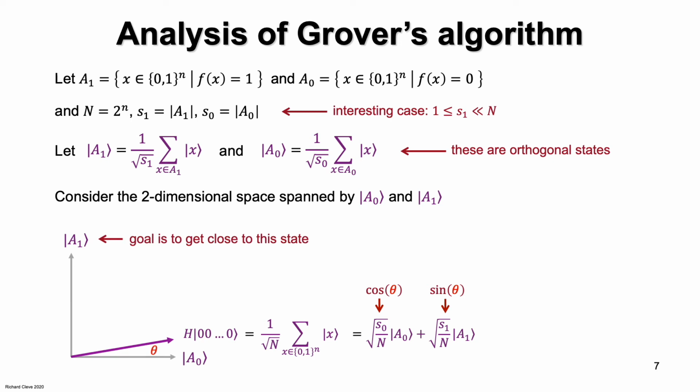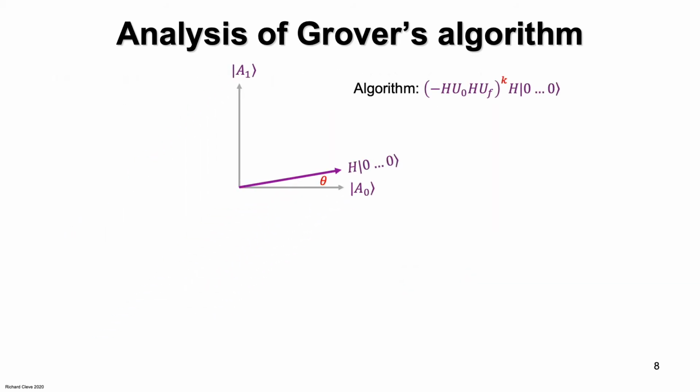Notice that although the states ket A0 and ket A1 exist somewhere within the 2 to the n dimensional space of all states of n qubits, the algorithm does not have information about what they are. It cannot perform a rotation matrix directly without knowing what these states are. Now I'll show you how the iterative steps in Grover's algorithm perform this rotation.